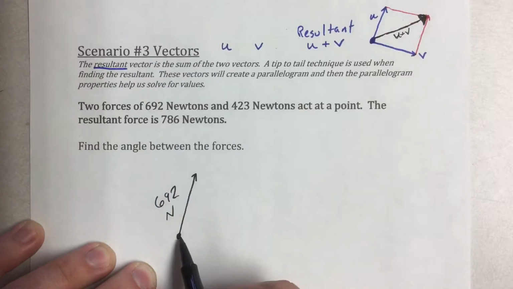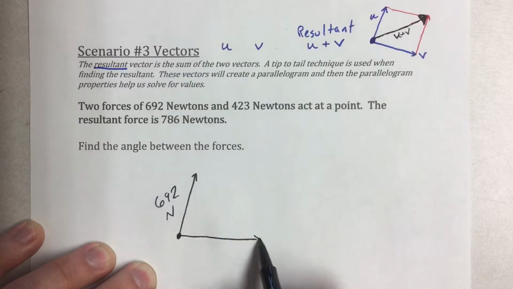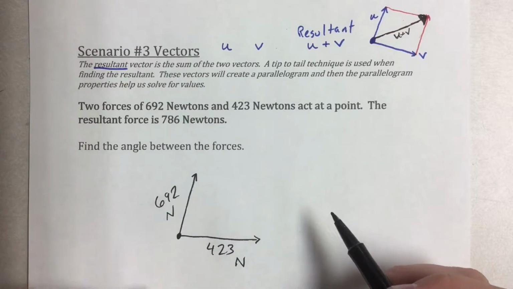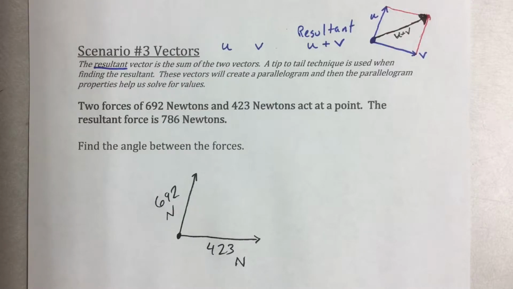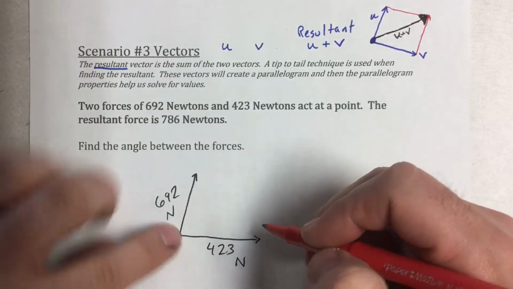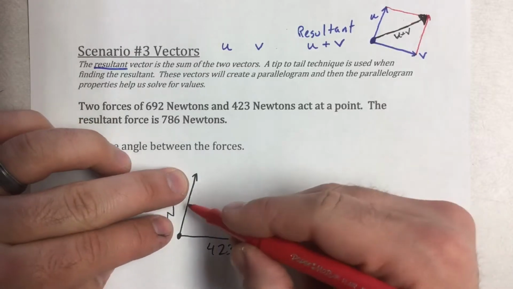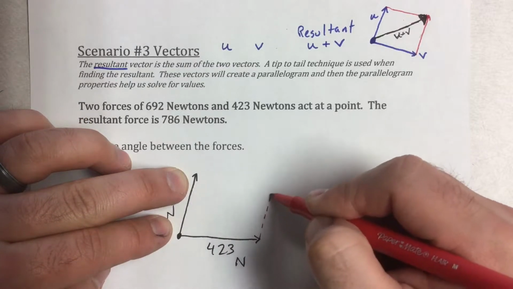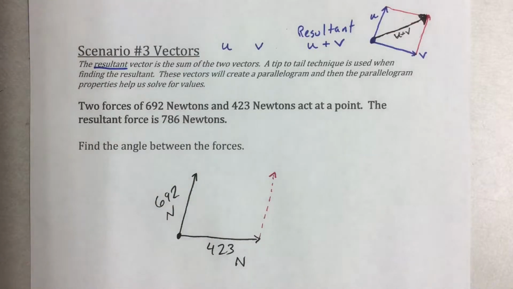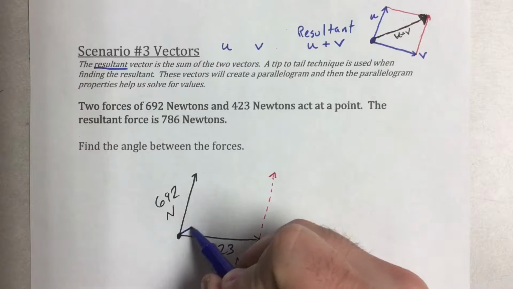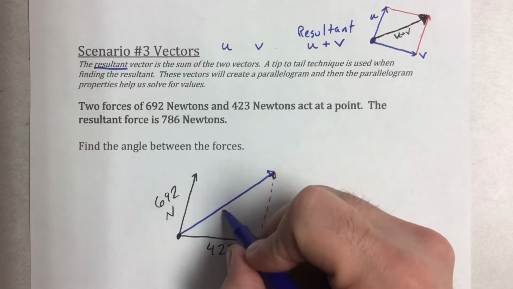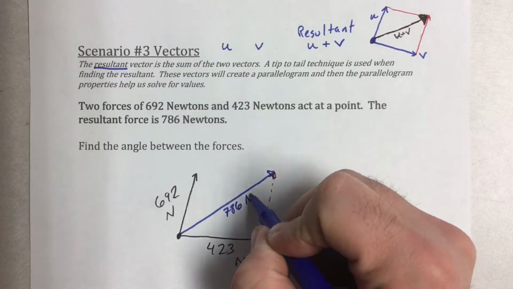and we have our 423 Newton force. And saying that the resultant force is 786, that's saying if I were to, again, think of our parallelogram, moving this to the right, I would be saying that the resultant force, this force here, is 786 newtons.